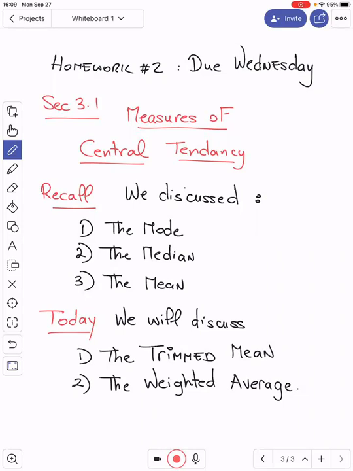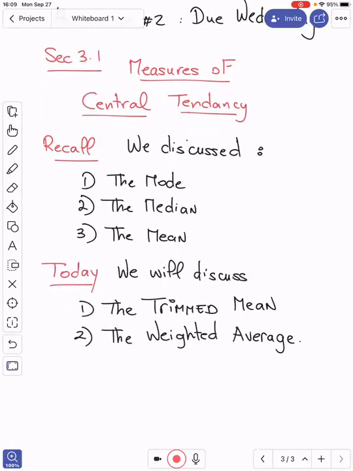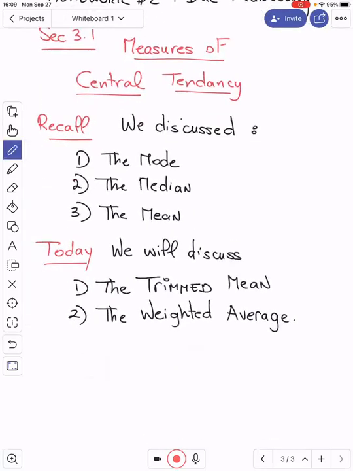Yes, so let's start with the trimmed mean. As I said, sometimes in data values you can find a value which is very, very different from the other values, right?